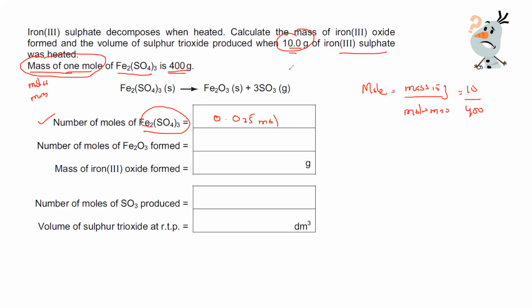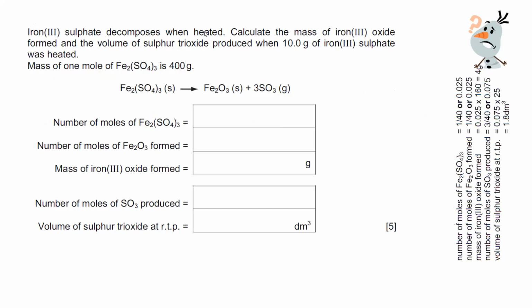Yeah, they're asking for iron 3 oxide, but that is the final question. Look, if you read the question, iron 3 sulfate is one compound. What is iron 3 sulfate? The formula for iron 3 sulfate is Fe2(SO4)3. It decomposes when heated. We have to calculate the mass of iron 3 oxide.